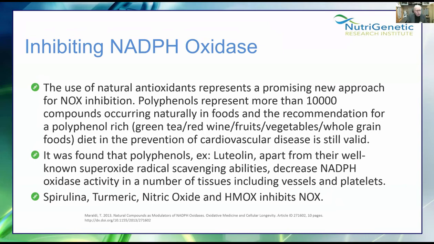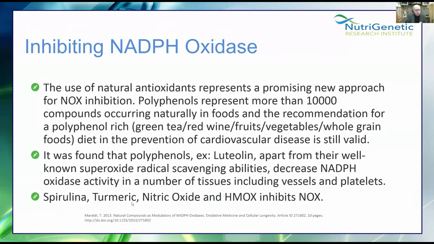So how do we inhibit this NADPH oxidase? Again, we don't want to inhibit it totally. We just don't want it to be carried away. Here's a study showing the use of natural antioxidants presents a promising new approach for NOX inhibition. Various polyphenols do that, particularly luteolin, which decreases NADPH oxidase activity in a number of tissues, including vessels and platelets.